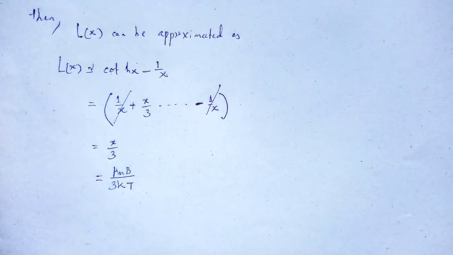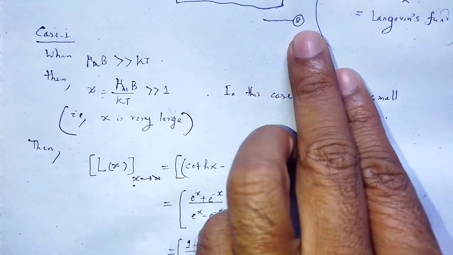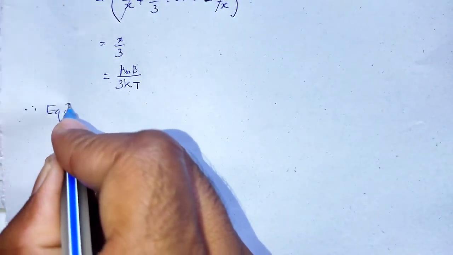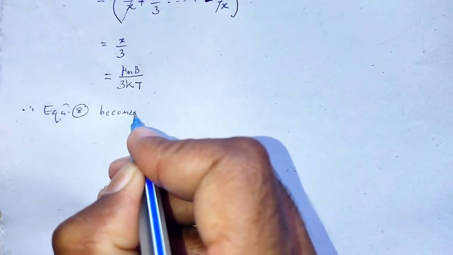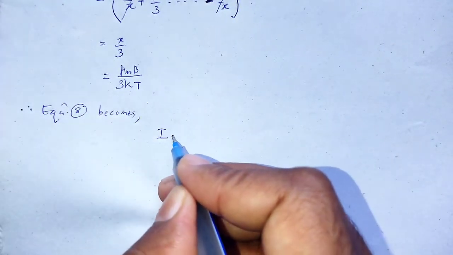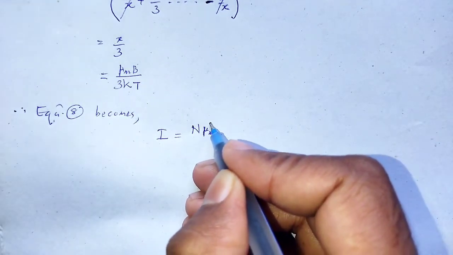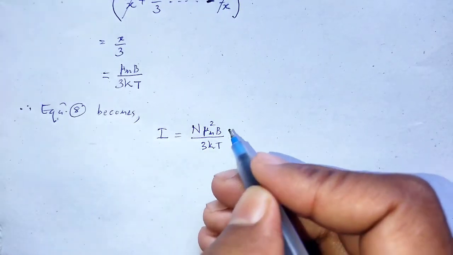Now, equation number 8 becomes: intensity of magnetization I will be n mu m square B divided by 3 kT.